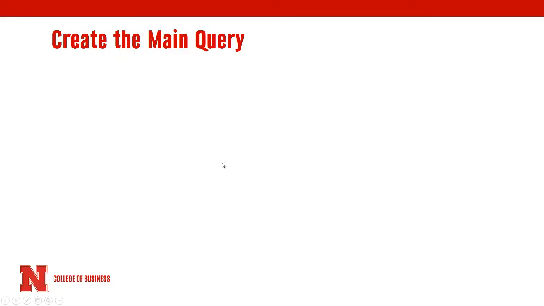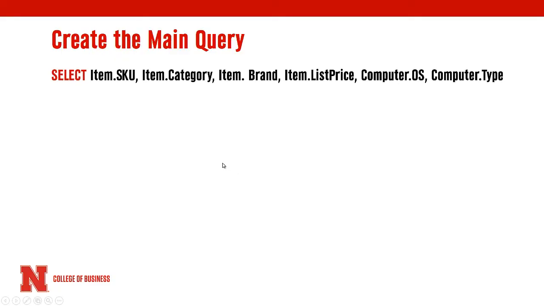Now is the time to create the main query. In the main query, we need more data from one more table. We need to return some information about the computers, for example, the operating system and computer type.